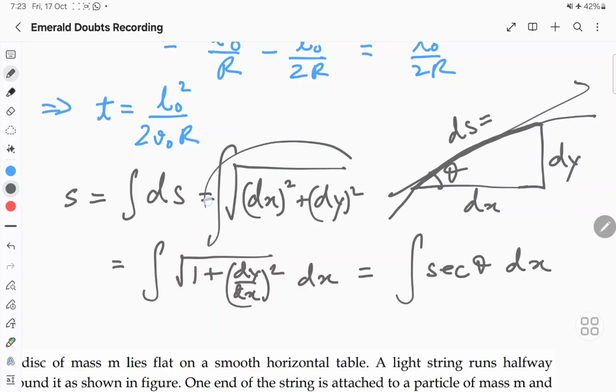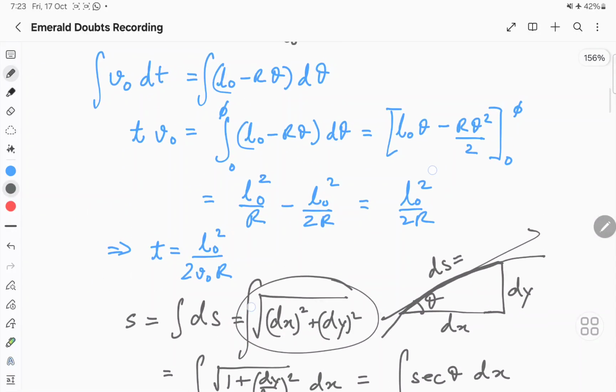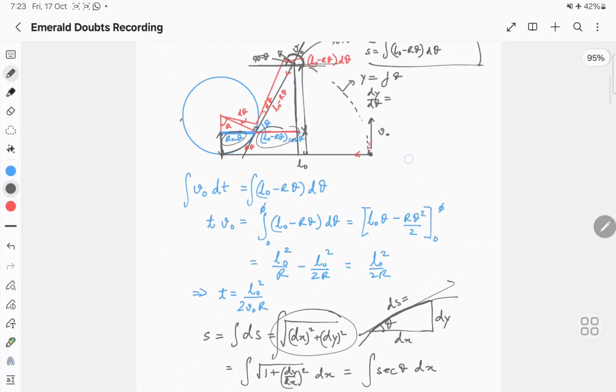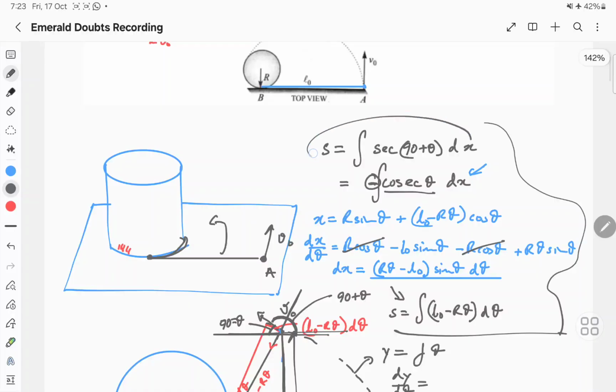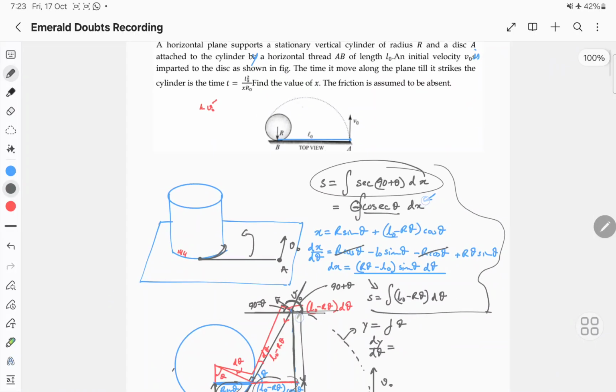You will eventually get the same thing, so you don't have to do that work. The sec theta dx is I think a decent way to verify that what we are getting is the right thing.